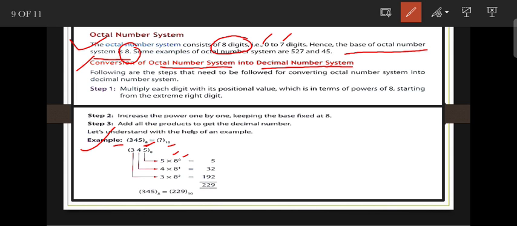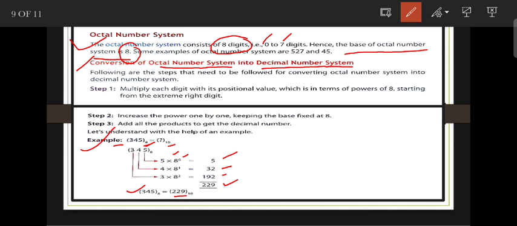So 8 to the power 0 is equal to 1, multiplied by 5 is 5. 8 to the power 1 is equal to 8, and 8 times 4 is 32. Next, 8 to the power 2 is equal to 64, and 64 multiplied by 3 is 192. The total is 229. So the octal number 345 converted into the decimal number system is 229.